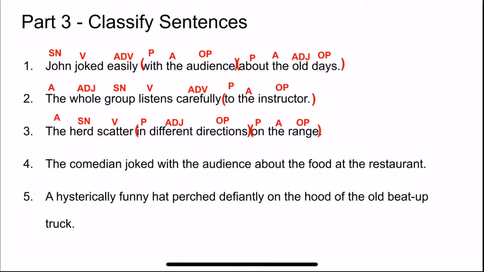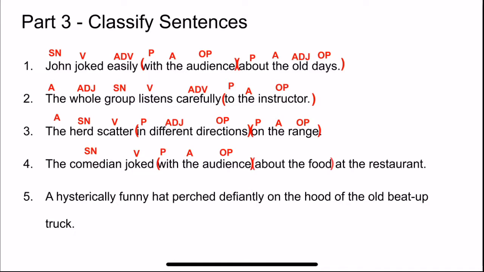Okay, number 4, the comedian joked with the audience about the food at the restaurant. Who joked with the audience? Comedian, subject, noun. What is being said about the comedian? The comedian joked, verb. With the audience is a prepositional phrase. With, preposition. With what? Audience, object of the preposition. The article, adjective.